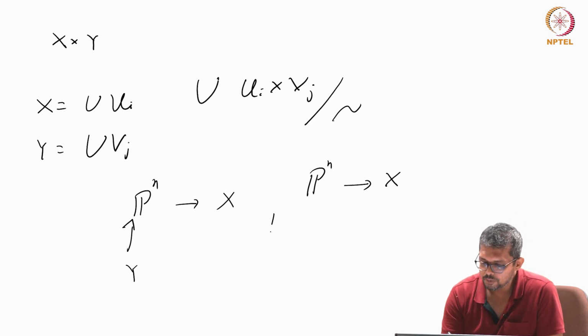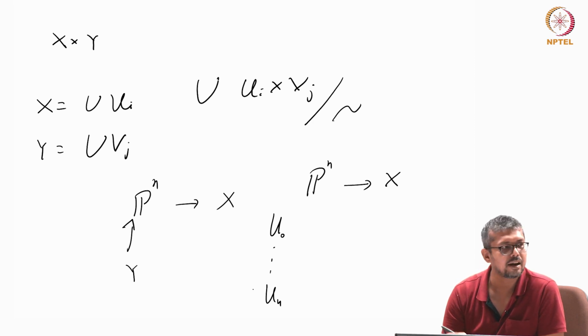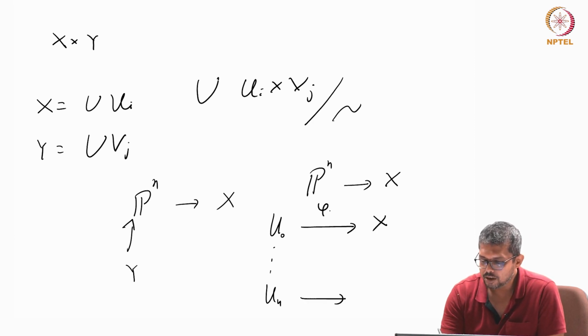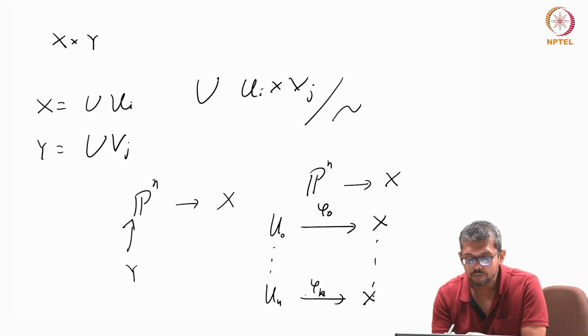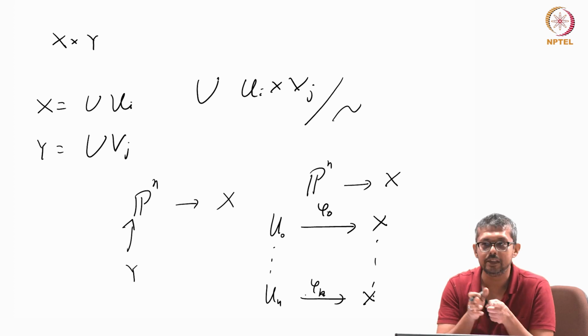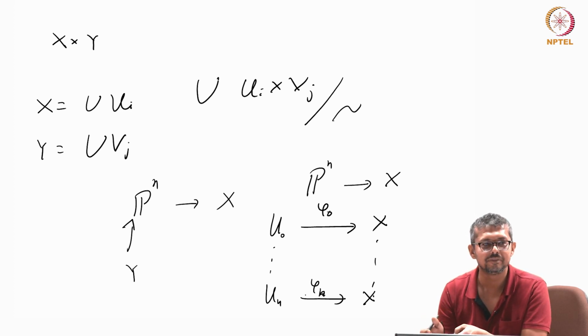So what you have to do, you have to break it into the U_i, the standard affine open subsets, and from each U_i you have to give a map to X. So it's not just one map, it is given by n plus 1 maps, such that each phi_i on the intersections should match.